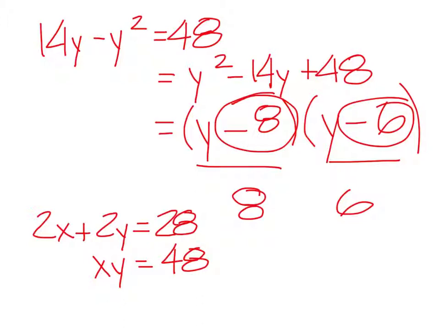Now sometimes you'll end up with a negative solution on some of these. If that's the case, try the positive one first, but we have two positive solutions. If I put 8 and 6 in here, will it give me 48? Yes, so that checks out. What if I put 8 here and 6 there? 16 plus 12 is 28.